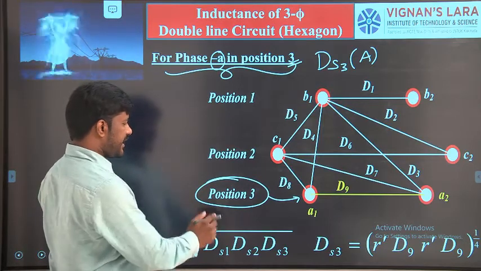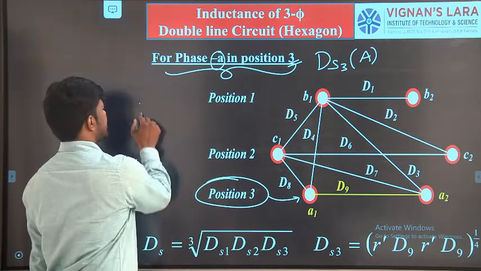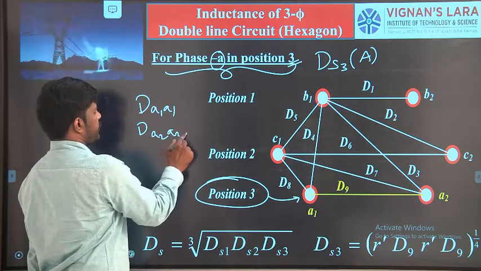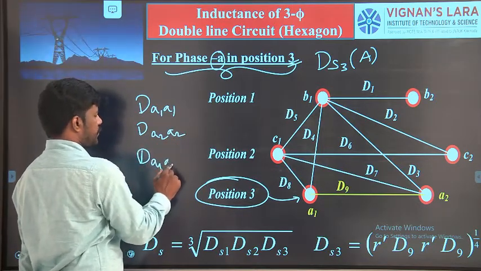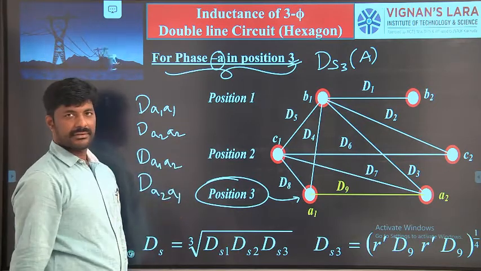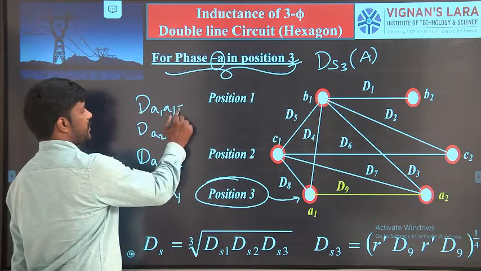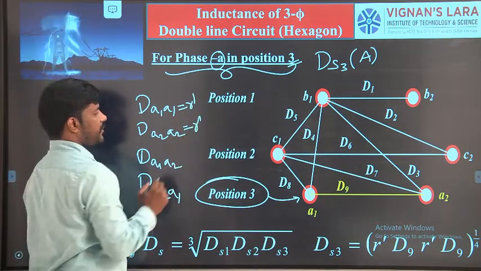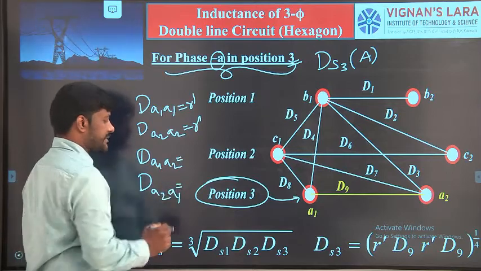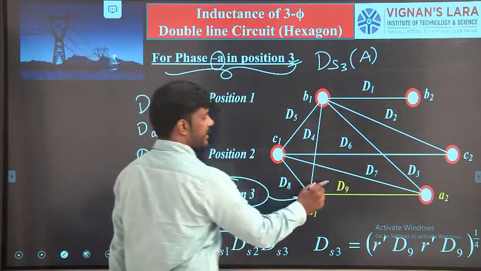The self GMD is the total 4 distances, A1, A1, A2, A2, from circuit 1 to circuit 2, from circuit 2 to circuit 1. Yes, these two are its own values called R dash, R dash. Here you have to identify what the distance is. The distance we identified here is D9.